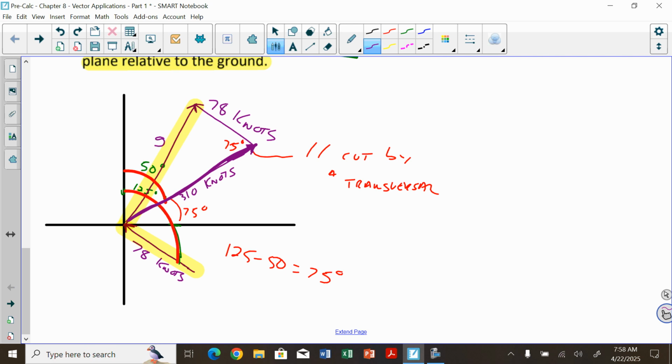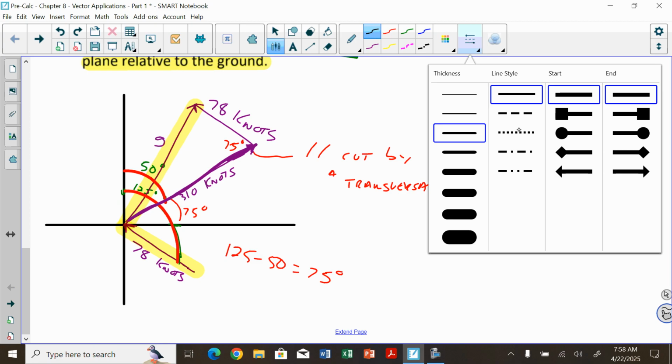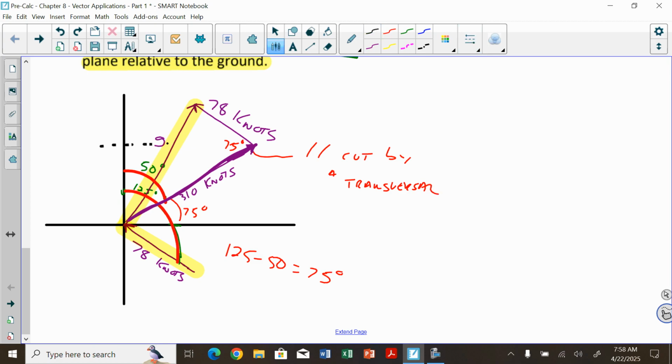If I drew another parallel line through this vector, we'd have another 75 because of alternate interior angles. So that's got to be the same there.